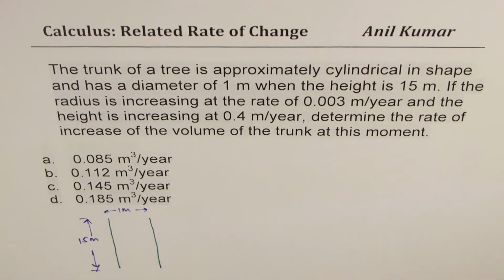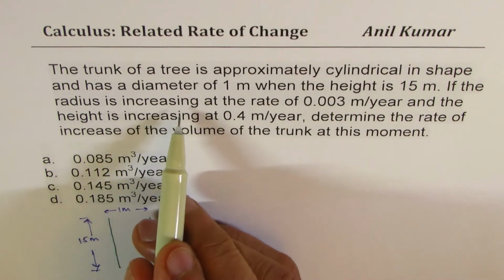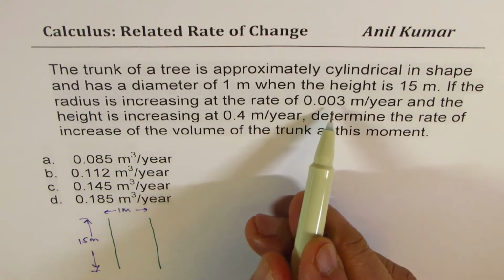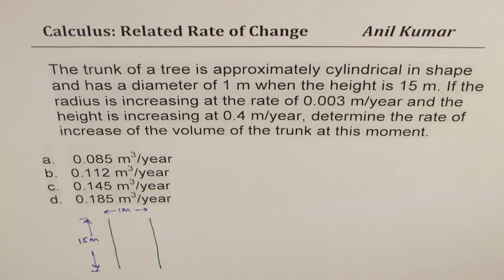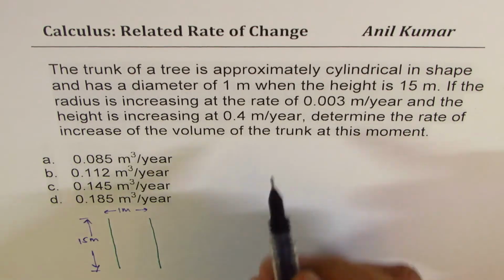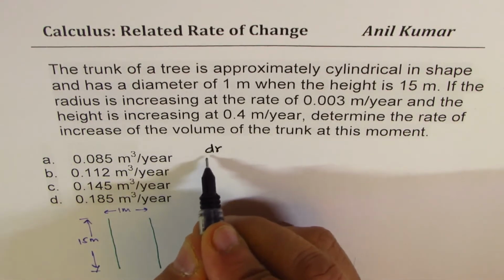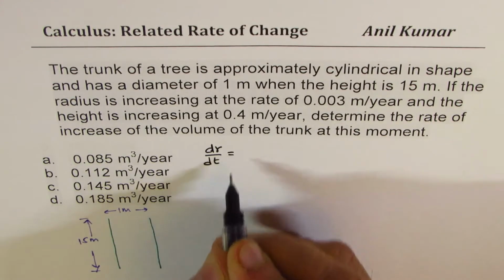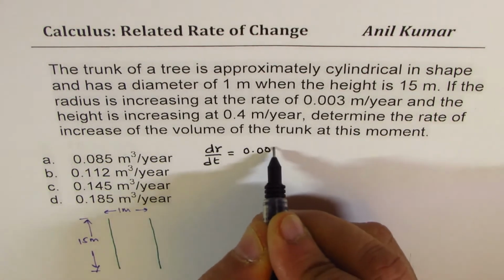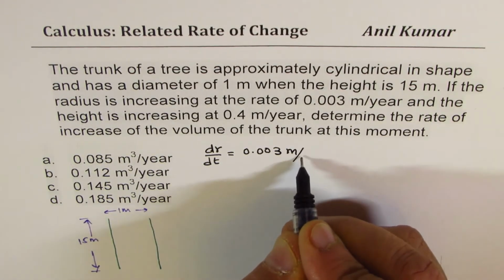If the radius is increasing at the rate of 0.003 meters per year, so in this case radius is also changing because it is growing, right?